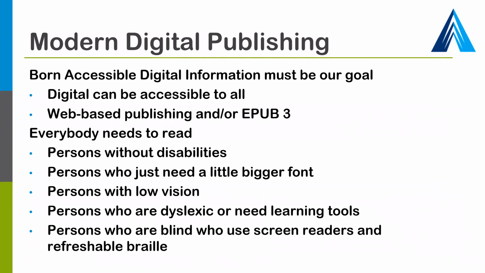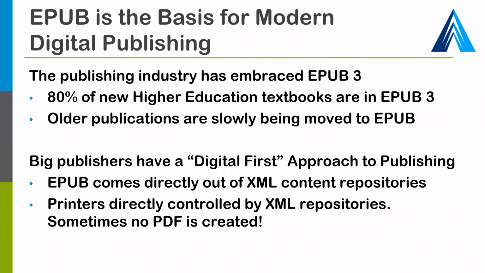Next slide. So the publishing industry has embraced EPUB 3. 80% of new titles, at least in the first 2 years, are in Epub. And older publications, backlists, when they come up for reissuing, are being moved into Epub.